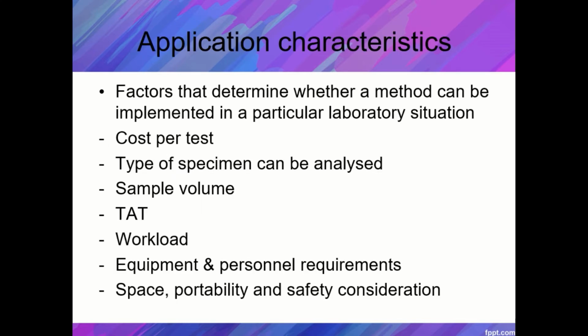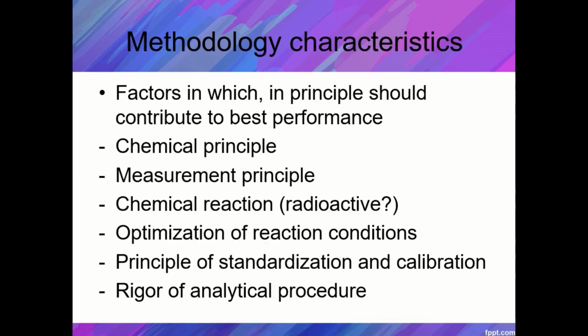Application characteristic is a factor that determines whether a method can be implemented in a particular laboratory situation, such as cost per test, type of specimen that can be analyzed, sample volume, turnaround time of the test or the analyzer attached to it, workload, equipment or personnel requirements, space, portability, and safety consideration.